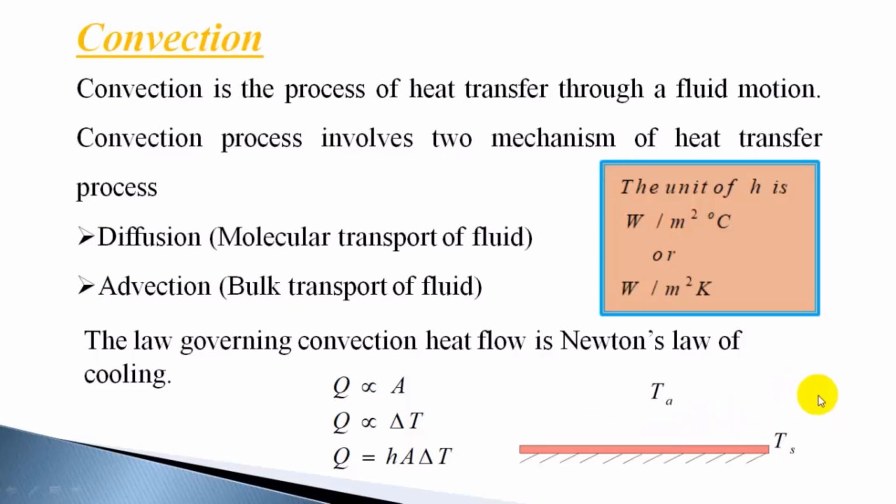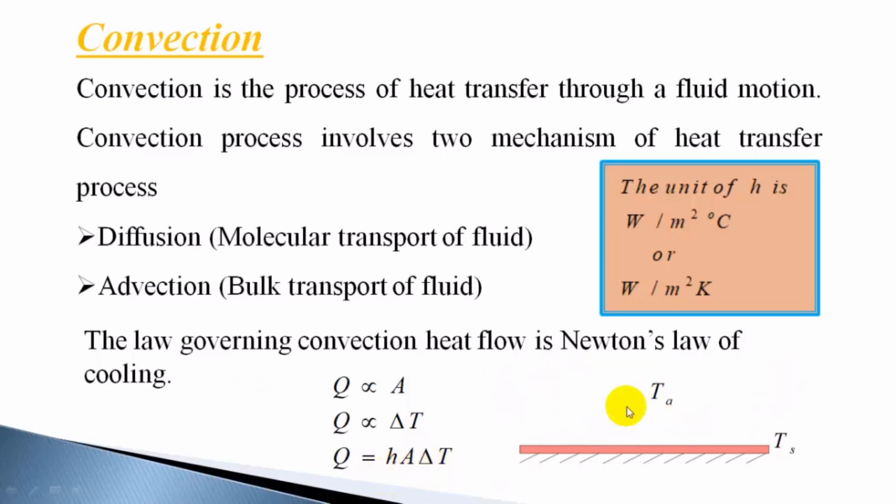In case of forced convection, heat transfer takes place at a much faster rate, because the fluid which is coming in contact will be rapidly carried away by forcing the air or fluid over the surface, and cold fluid will take its place. So the heat transfer will be much higher in this case, and since the temperature difference and area are constant for a given surface, fluid and conditions, the heat transfer coefficient will be much higher in that case.